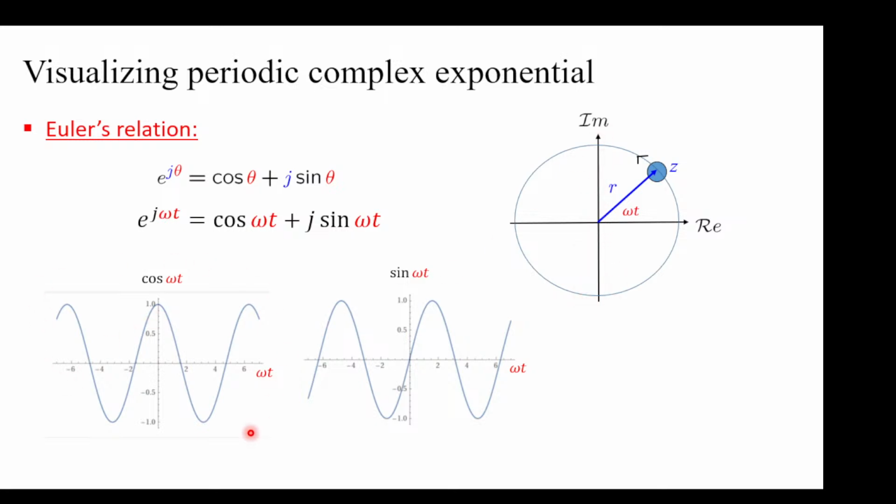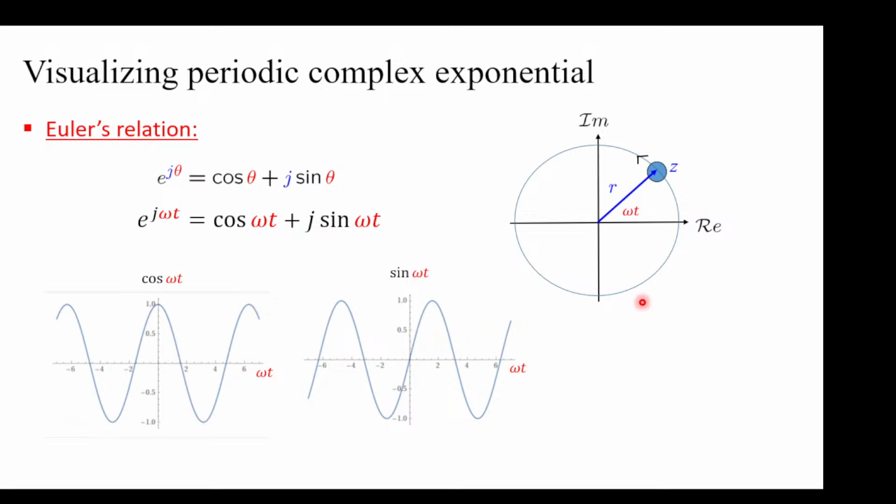Sometimes we will schematically, although this is not quite e to the j omega t, when we think about e to the j omega t, plot the sinusoidal function here. So either cosine omega t or sine omega t. The cosine omega t looks like this, and the sine omega t looks like this. They oscillate up and down, up and down.